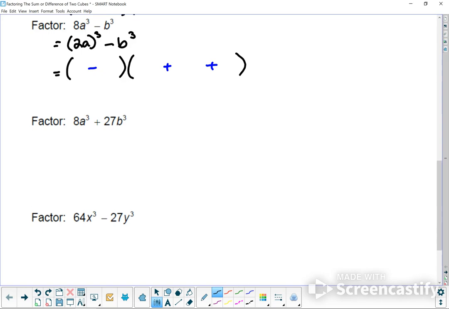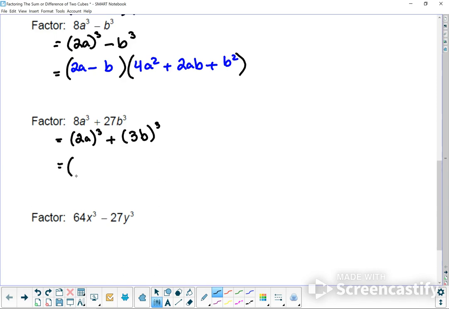So we're going to have 2A and 2A squared, which is going to be 4A squared, and then B, and then B squared. And in the middle, you're going to have 2A and then also B. All right. So right here, we have 2A quantity to a third, and a 27B to a third is actually 3. So 27 is actually 3 times 3 times 3. And then B, and the quantity to a third.